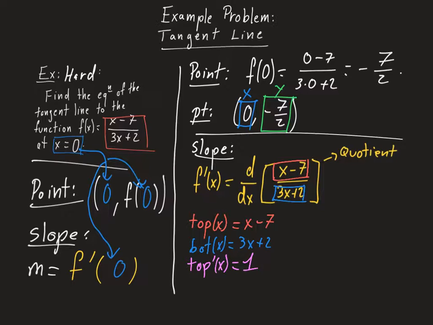And if the bottom of x is equal to 3x plus 2, then its derivative is going to be equal to 3.